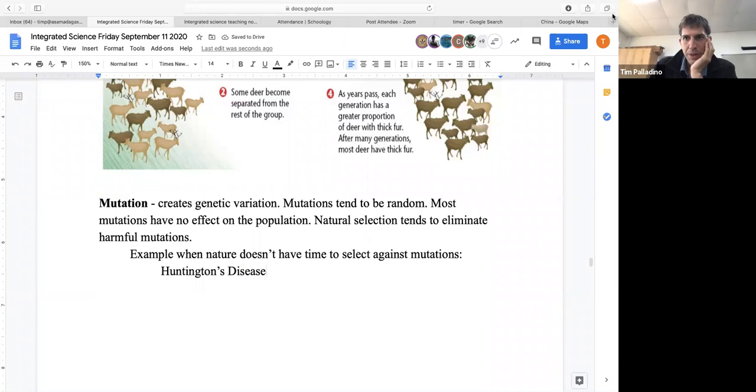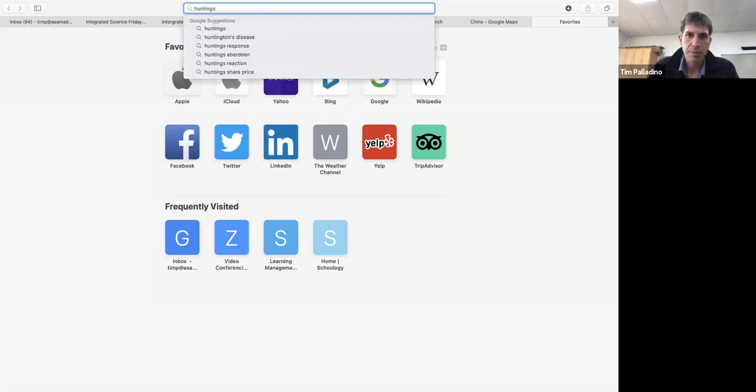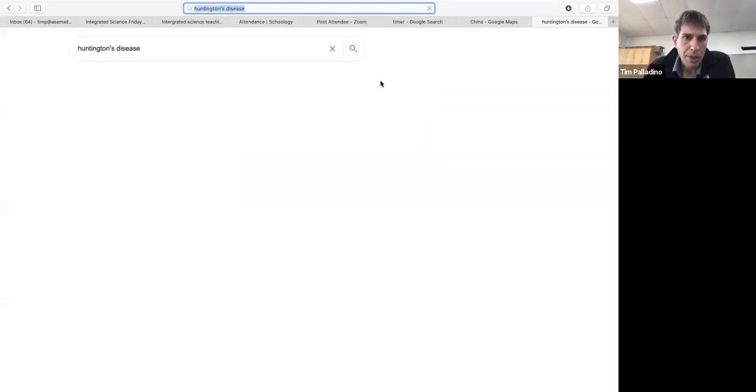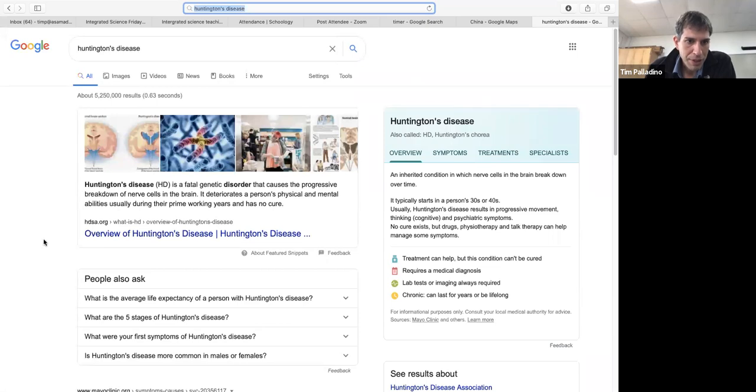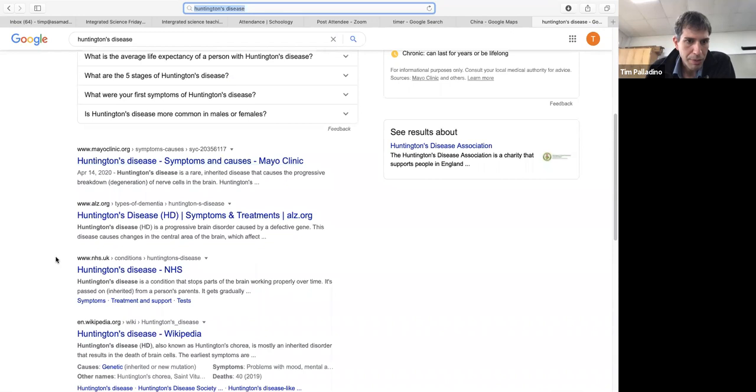Huntington's disease, the end result is, if you have Huntington's disease, it's a genetic mutation. And everyone who gets Huntington's disease, actually, let's find the actual numbers. So can you guys still see my screen? I think pretty much everyone who gets Huntington's disease is going to die, and it's a genetic symptom. So, you know, we're gonna find a quick one.